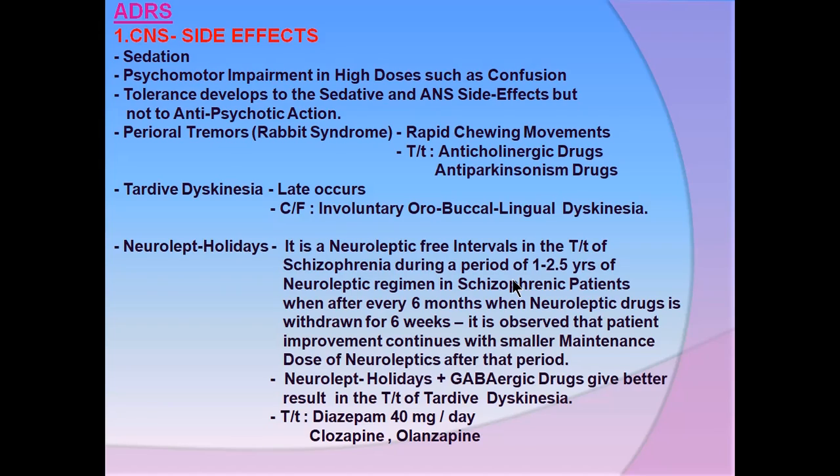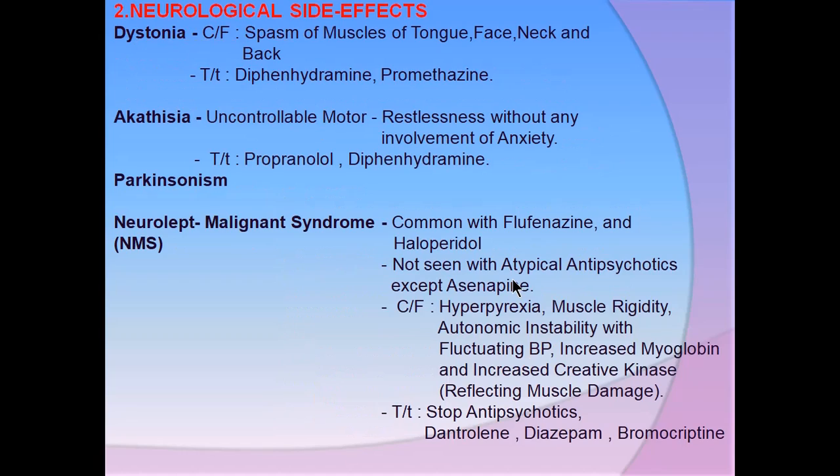Neuroleptic holidays plus GABAergic drugs give better result in the treatment of tardive dyskinesia. Treatment, diazepam 40 mg per day, clozapine and olanzapine. Other neurological side effects are dystonia.